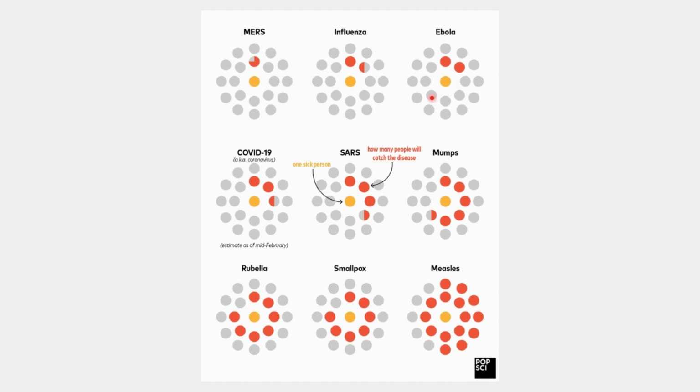And that means that every 1 person who is infected with Ebola, on average, transmits it to 2 other people. Measles, on the other hand, down here, is one of the most contagious diseases known, and it has an R0 value of 15, meaning that every 1 person with measles typically gives it to 15 other people.